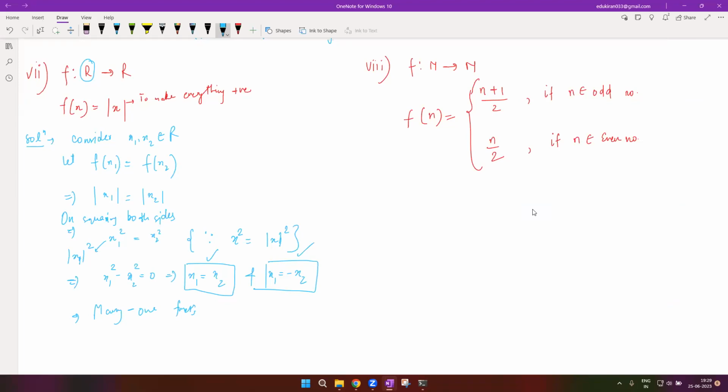So take all these 4 cases and start solving one by one, and each case should give x1 equals x2 as the only solution. If there is even a single case in which you got an answer other than x1 equals x2, or you got more than one valid answer, then the given function is many one.